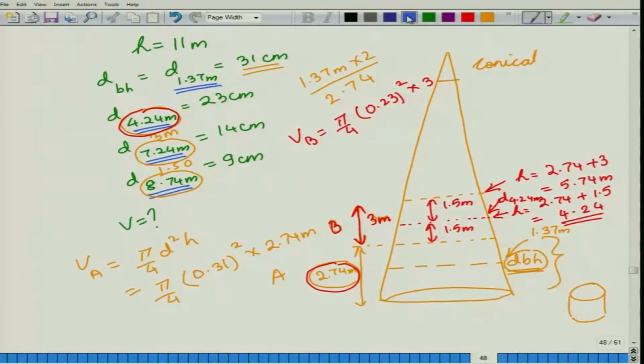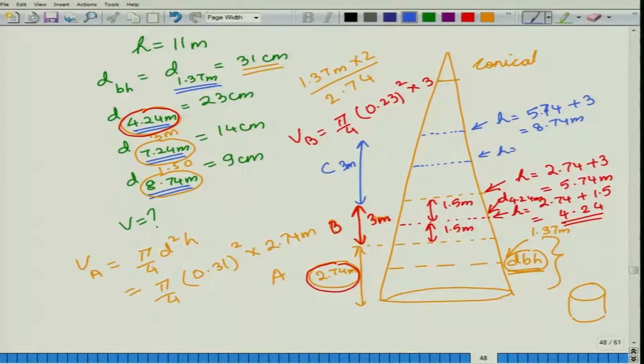Now, let us consider another section, called section C. This section would again have a length of 3 meters. So, what is the height at this point? This point would have a height of 5.74 plus 3, which is 8.74 meters. Consider the midpoint.